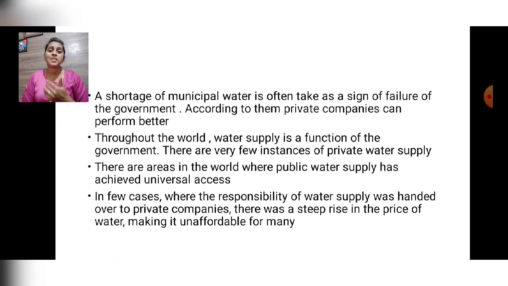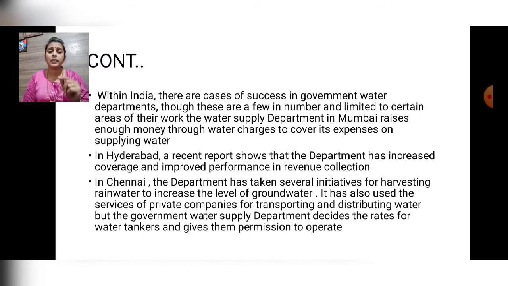So in some cases, instead of the government, the responsibility was handed over to private companies, and they increased the price of water, making it very difficult for the common man to afford water for his basic needs. So the Bolivia case is given in your textbook. Go through it. Once again I am repeating this.